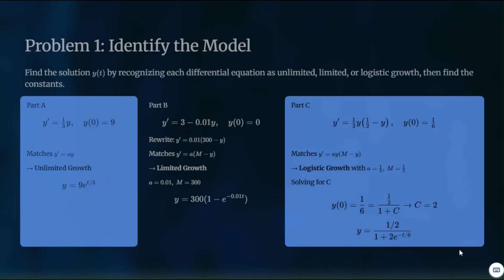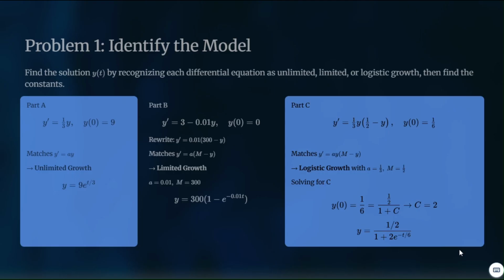Now in part C, we have y prime equals 1/3 y times 1/2 minus y with initial condition y of 0 being 1/6. So clearly it matches the logistic growth model, where a is 1/3 and m is 1/2. In order to solve for c, we'll use the initial condition, where y of 0 equals 1/6, and we know that y of 0 is m over 1 plus c.